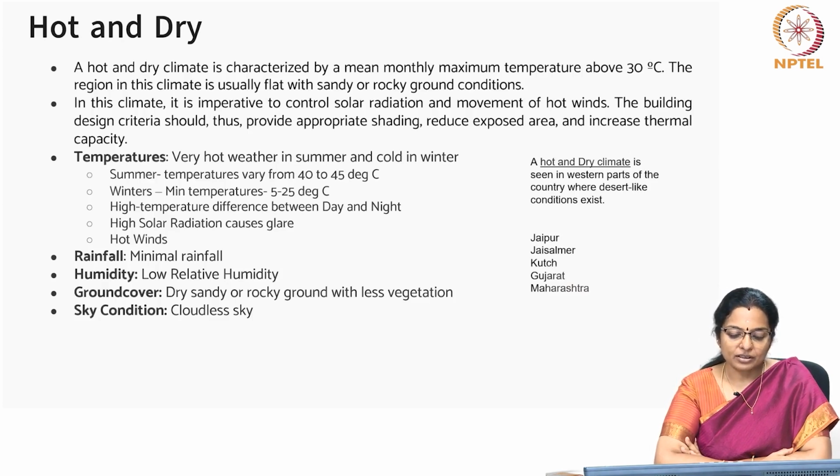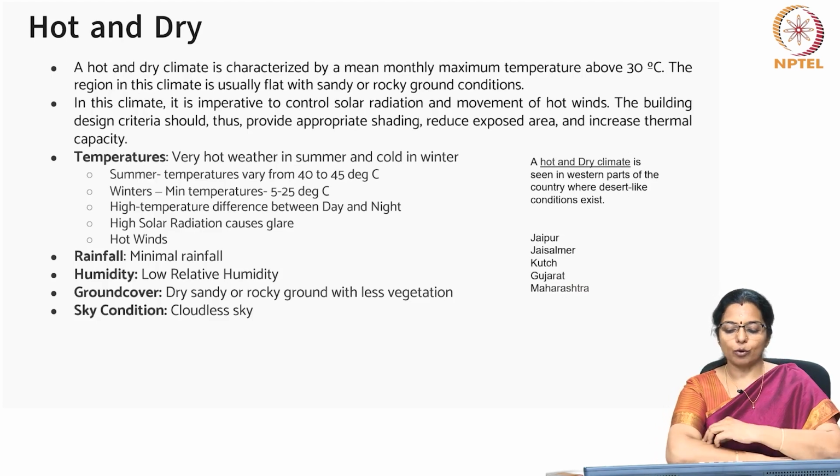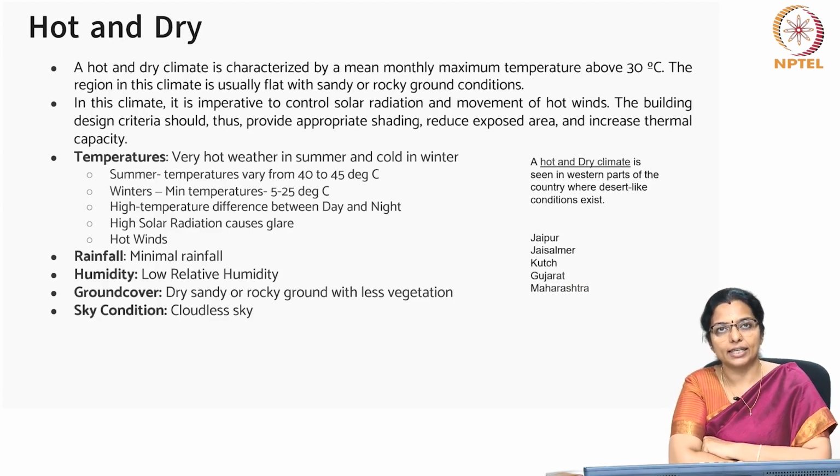The temperature shows that it's very hot weather in summer and cold in winter. Summer temperatures vary from 40 to 45 degrees centigrade. Winters, they range from minimum temperatures of 5 to 25 degrees centigrade.